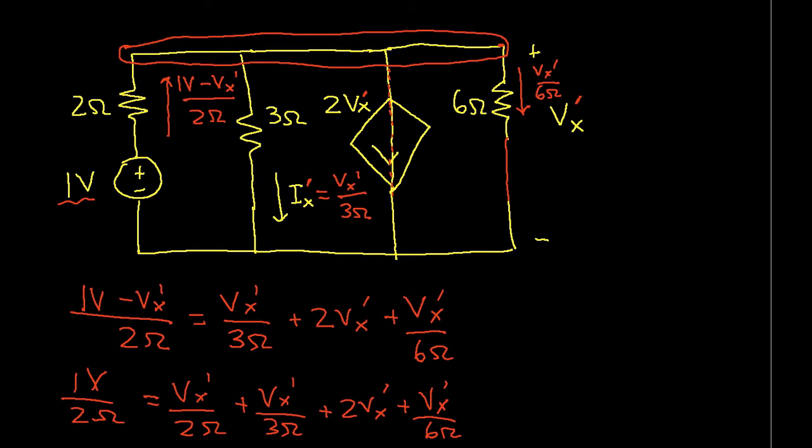And we can factor out a Vx prime to say that 1 volt over 2 ohms is equal to Vx prime times (1 over 2 ohms plus 1 over 3 ohms plus 2 plus 1 over 6 ohms). So now we can basically just work the math. Plug this into our handy calculator.